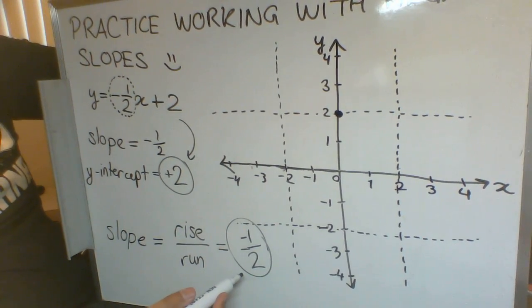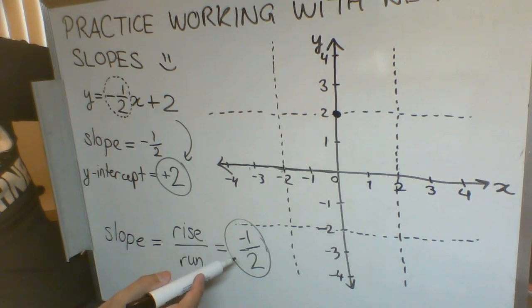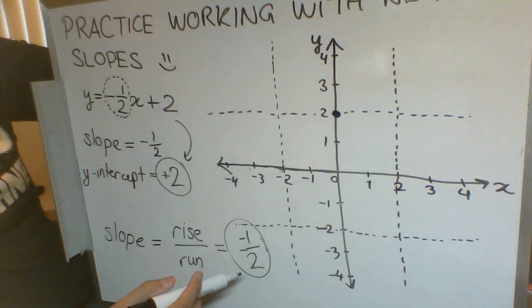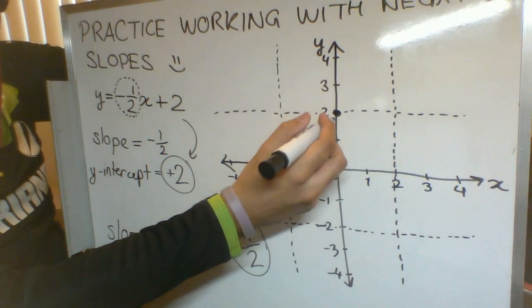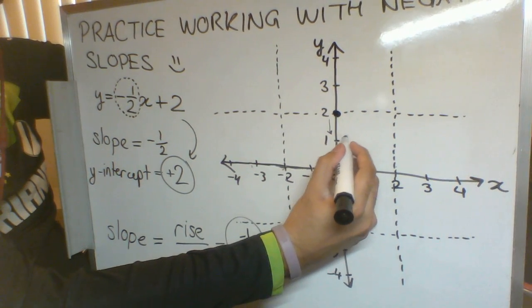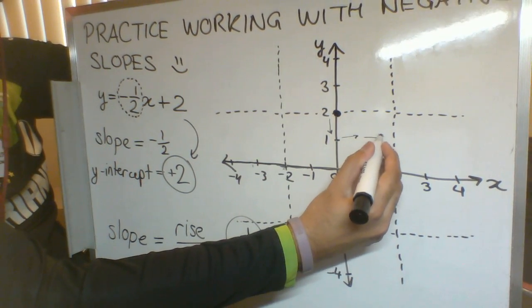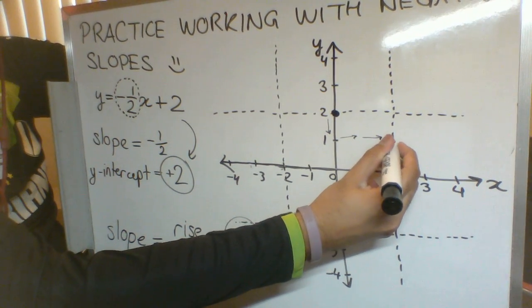Our run is 2, so for every 1 unit we move down, we go 2 units to the right. Okay, hopefully that's making sense. So if we go ahead and do that, we go down 1 unit, and then over once, over twice, and we plot our point right about here.